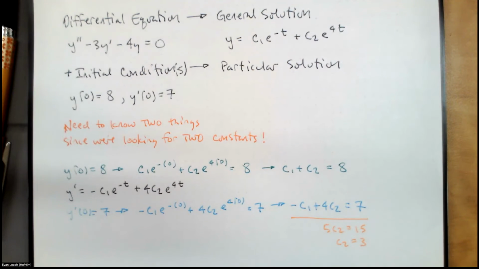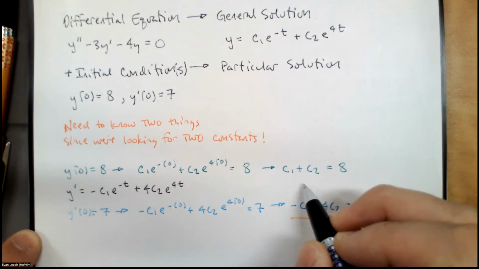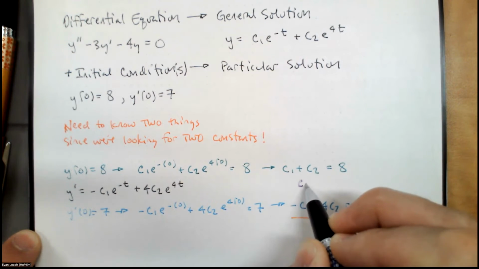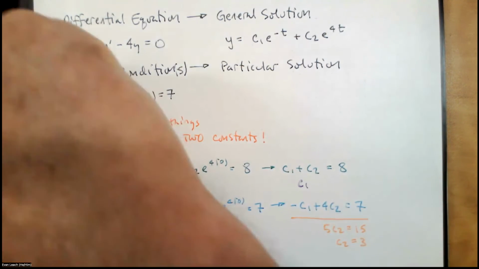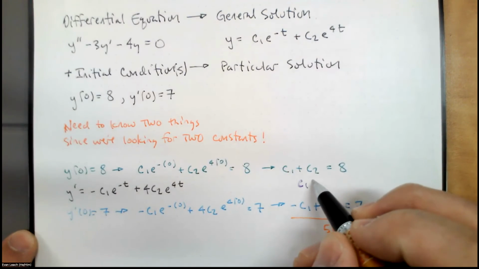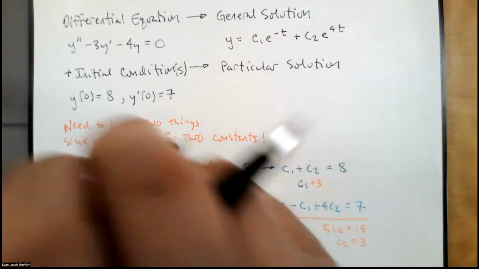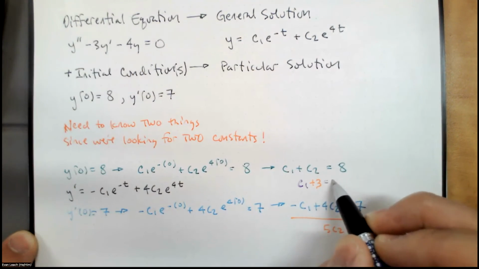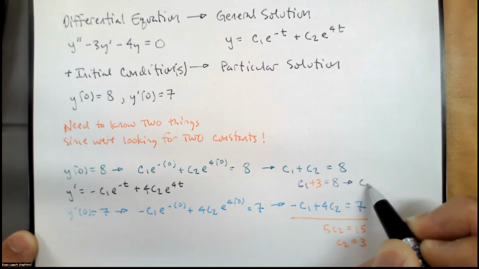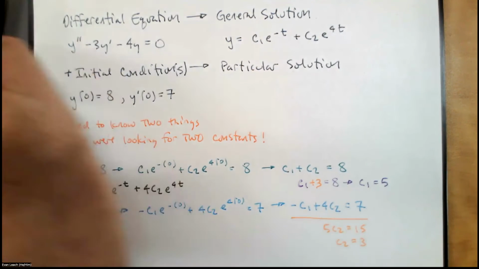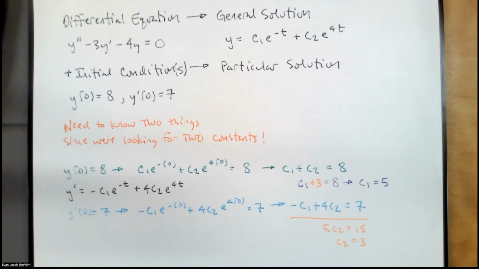Since C2 is equal to 3, C1 must be equal to 5. And so now we've used initial conditions to figure out a particular member of the family from the general solution.